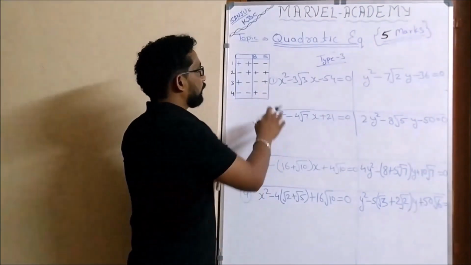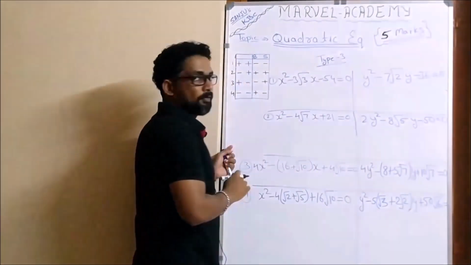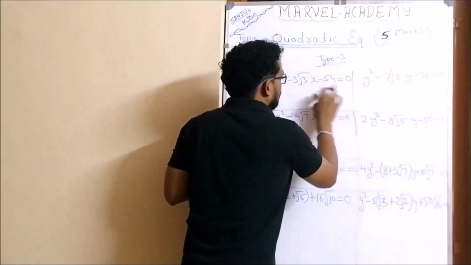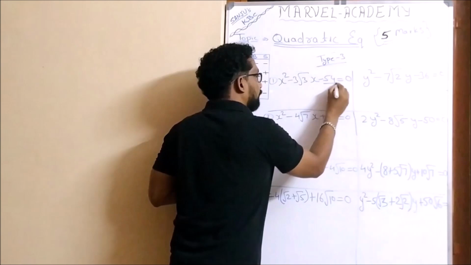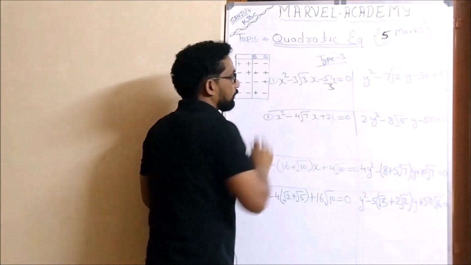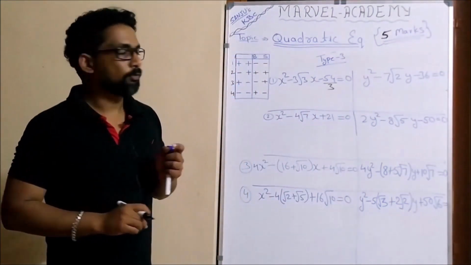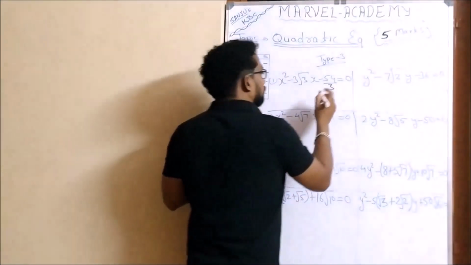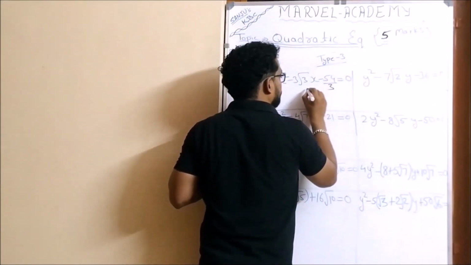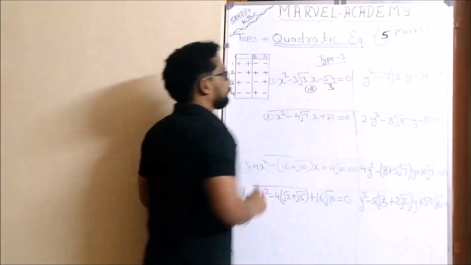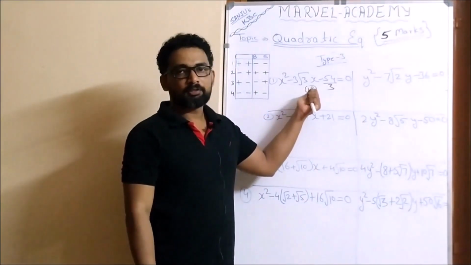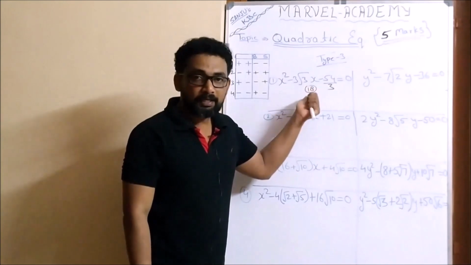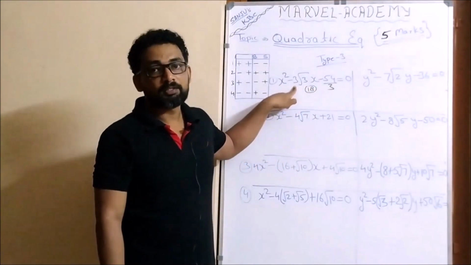So here 54 is the multiple value, so we have to divide this 54 using this root value, so we'll get 18. Now my multiple value is 18 and the middle term will be 3.